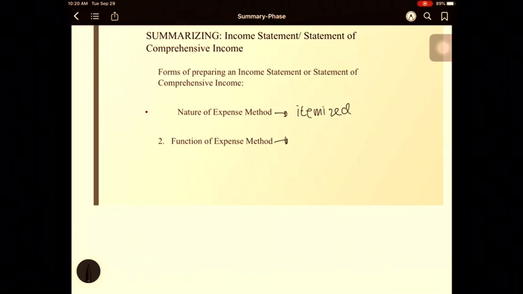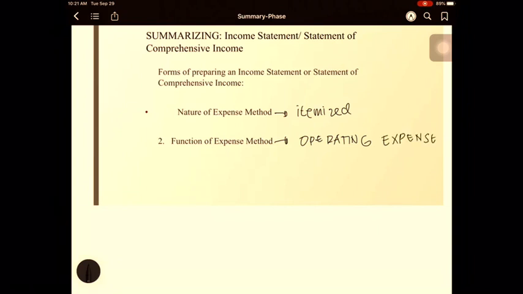Generally, all types of expenses that are directly attributed to the profit generating activity of the business shall be considered operating expenses.